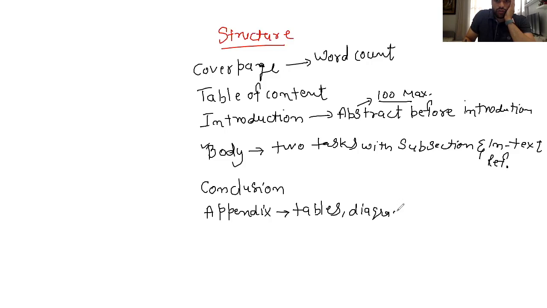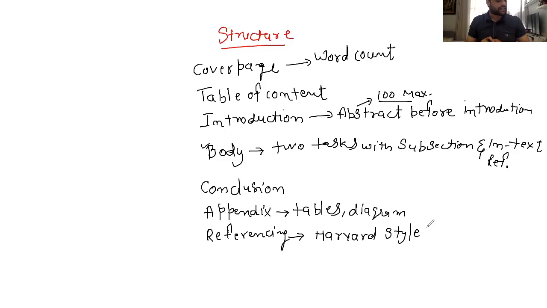You don't show them in your body, but you can show them in your appendix. And after the appendix, you have a reference list. You must use Harvard style. So that is the assignment structure.